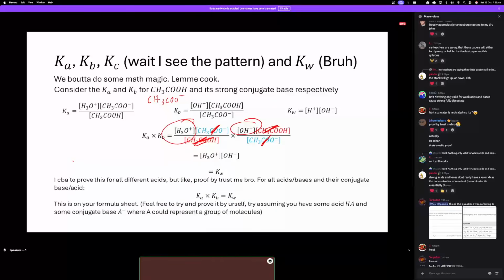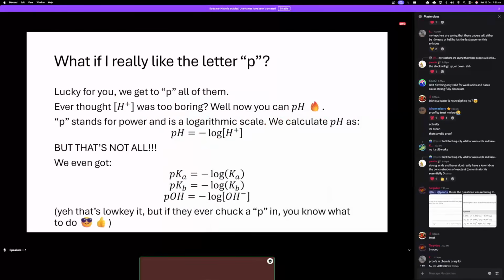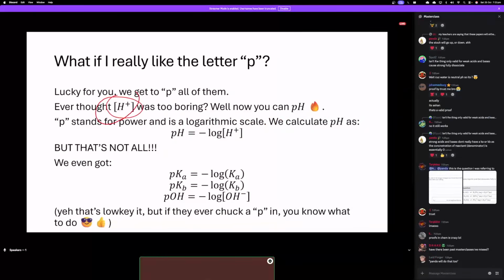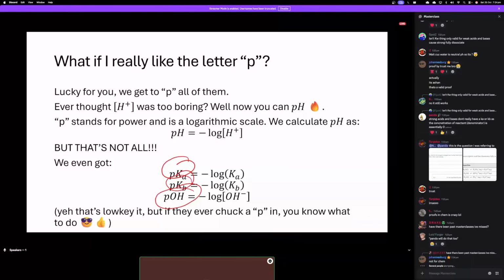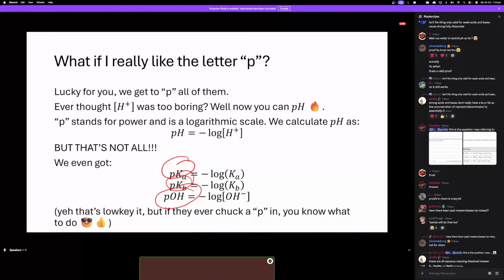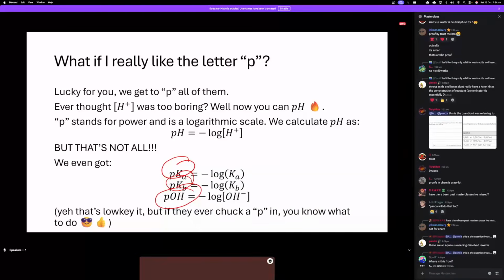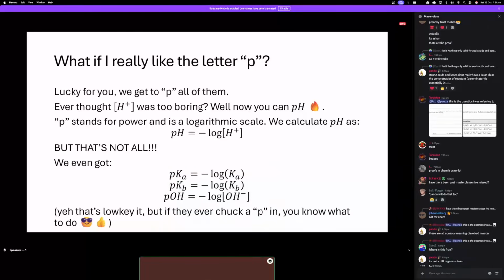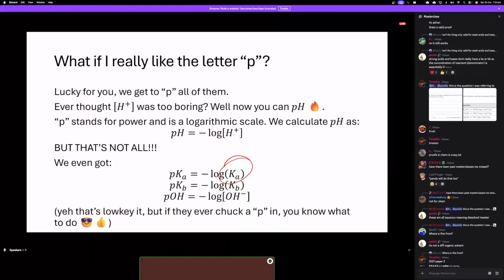Another thing, we also have pH. So we had the concentration of H plus, and we had pH, which hopefully you know already. P stands for power. It's a logarithmic scale, so there's a log here. But we also have pKa, pKb, and pOH. If they're ever at a P, all you need to know is just the negative log of the same thing, right?